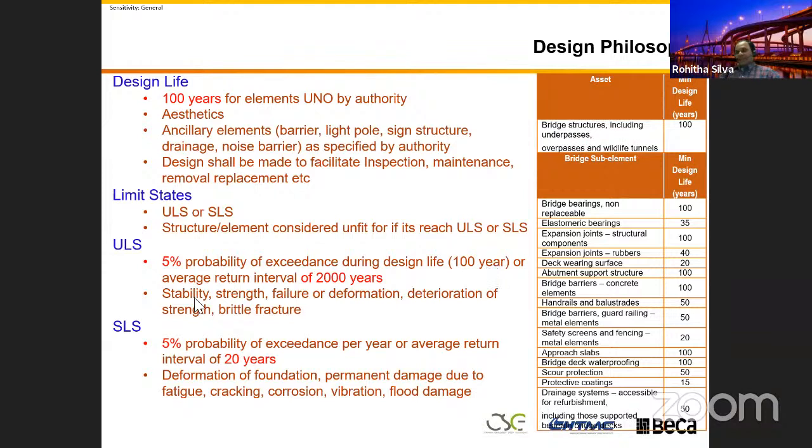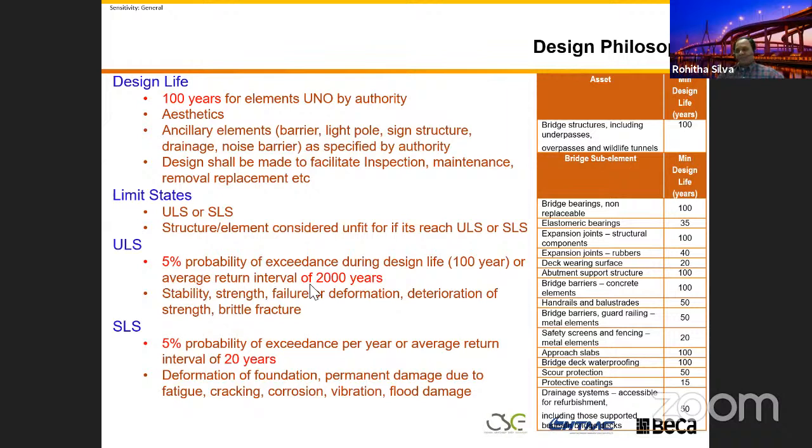So another thing, we designed the bridge with an average return interval of 200 years, because when we design bridges, for example, when we were designing the ultimate limit state, you always multiply your loads by another load factor to take into account the uncertainties.